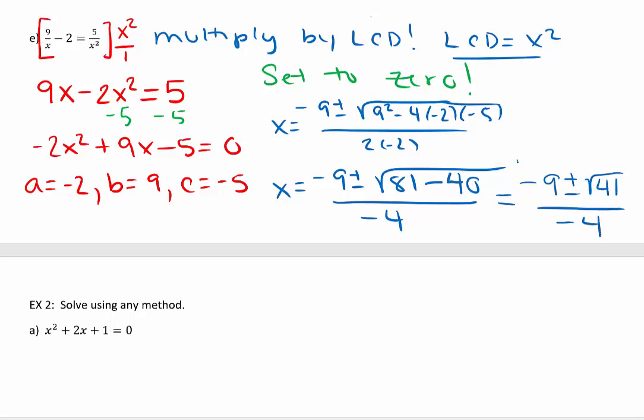And so my answer is negative 9 plus or minus root 41 over negative 4. Okay, so again, a couple of main ideas in this problem. We had to multiply everything by the LCD to clear the fractions. And then we had to set one side equal to 0 before we could use that quadratic formula.